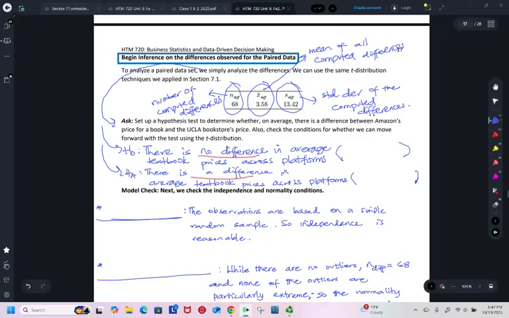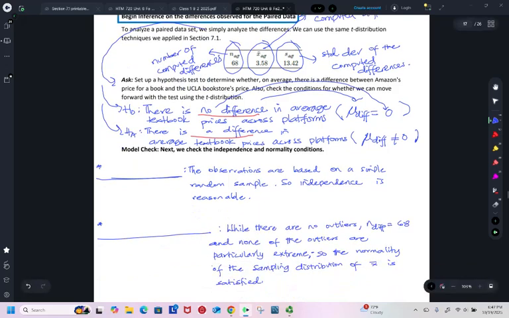If we do not want to write too many words, when we're dealing with paired differences, we say that the mean difference is nothing, no price difference, versus the mean difference is not nothing. That means it is something. Once the null and the alternative hypothesis have been set, the next step is to do the model check, where we look at independence and we look at normality of the distribution of the observed differences.